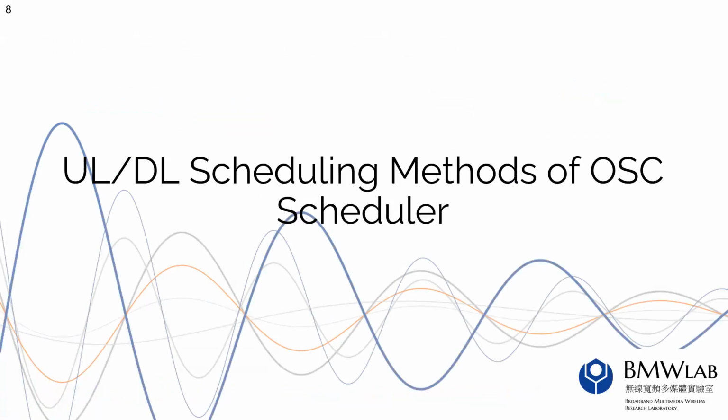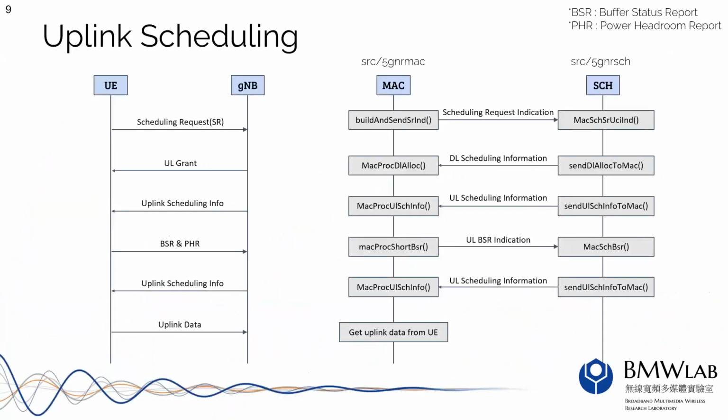Okay, and the next part is the uplink and downlink scheduling methods of the OSC scheduler. At this page, I will show you how the OSC MAC scheduler does the uplink scheduling. You can see this figure on the left-hand side. Assume this UE wants to transmit uplink data to the base station.